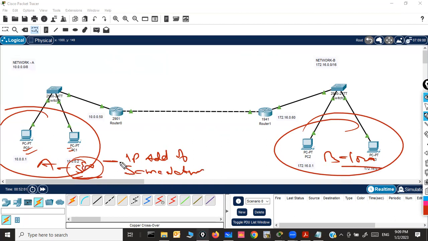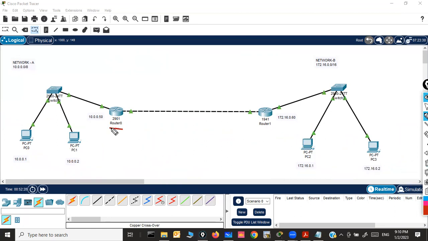If they have all been assigned IP addresses from the same subnet, no problem at all. Now, if a host device of network A wants to communicate with a host device of network B, and network B is a different region, different location, different IP.